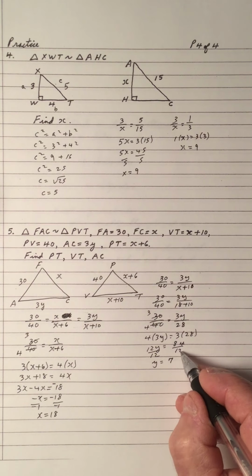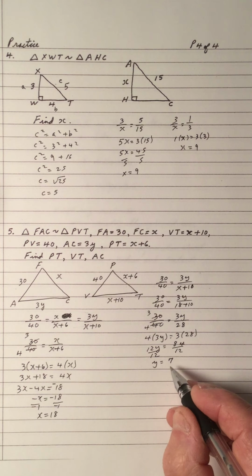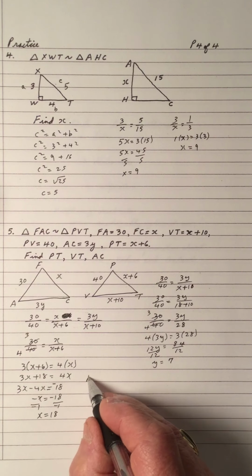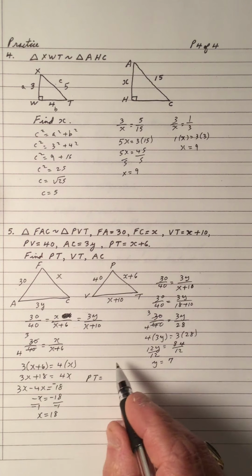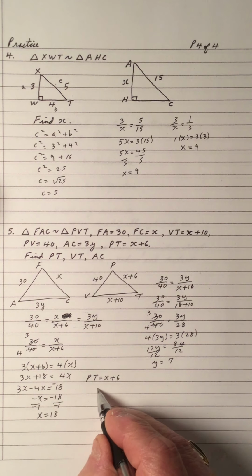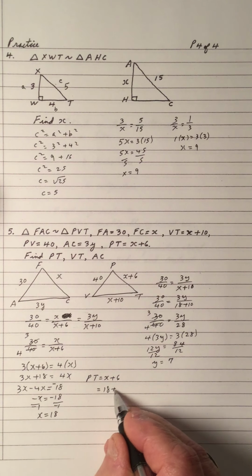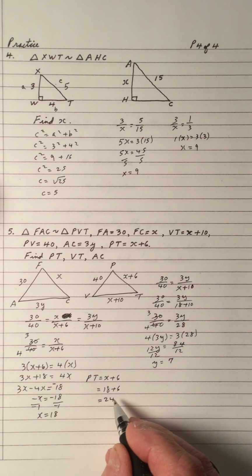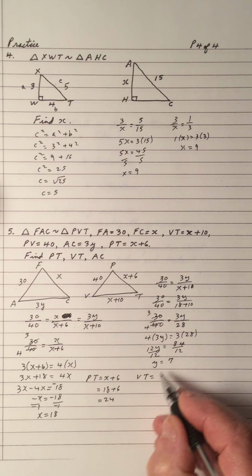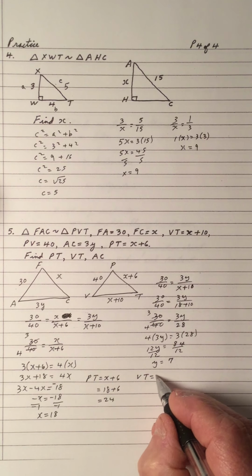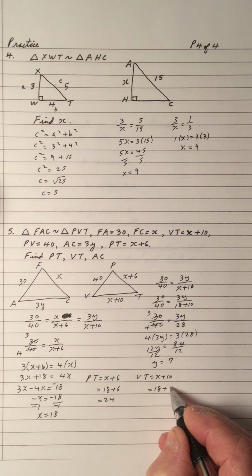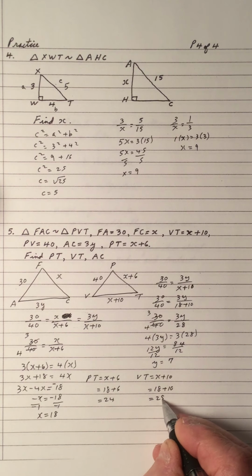So I have an X and a Y. Now I have to find what PT is. PT is X plus 6, so that's 18 plus 6. PT is 24. Now I have to find what VT is. VT is X plus 10, so 18 plus 10 is 28.